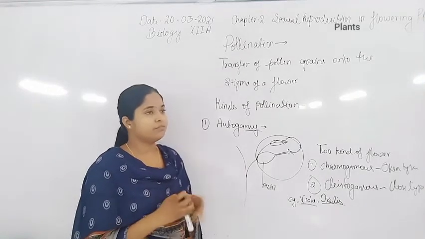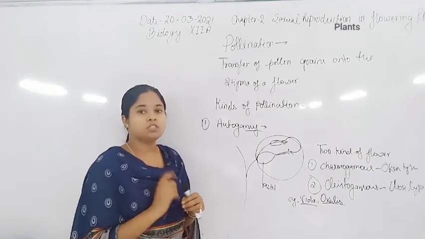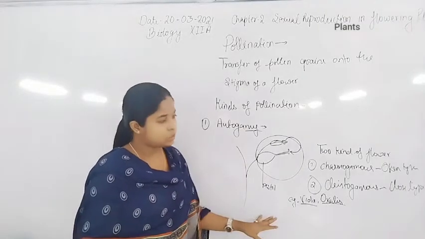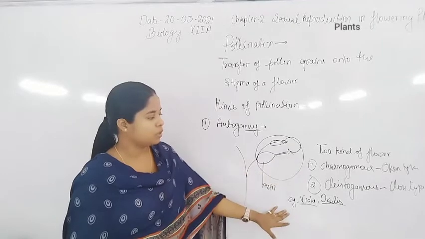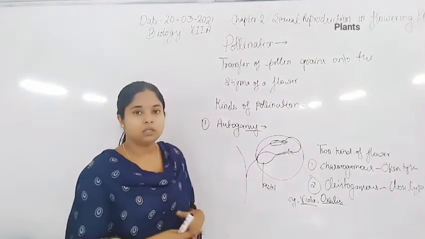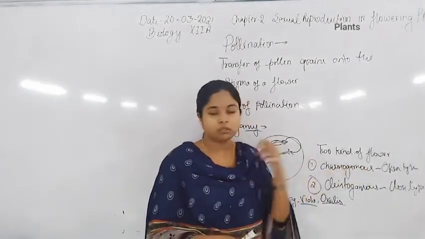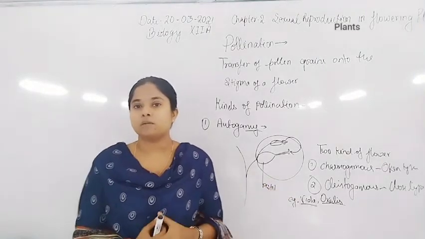So other pollen grain of a different flower can also germinate onto the stigma of the flower. Easily they can germinate onto the stigma, because the flower is open type, so they allow other pollen grain to come in contact with the stigma. So the chasmogamous type of flower can also show cross pollination.